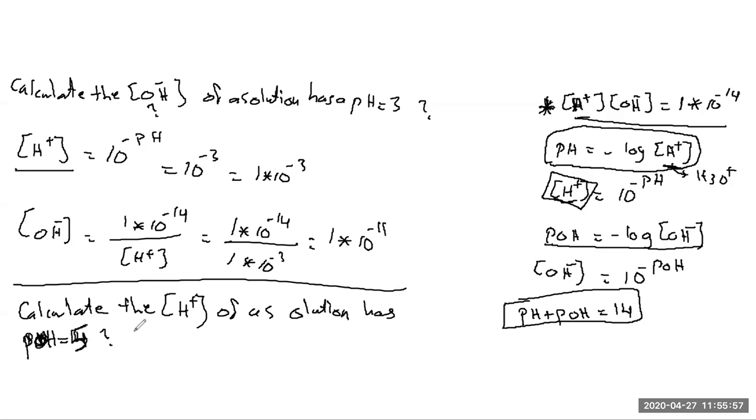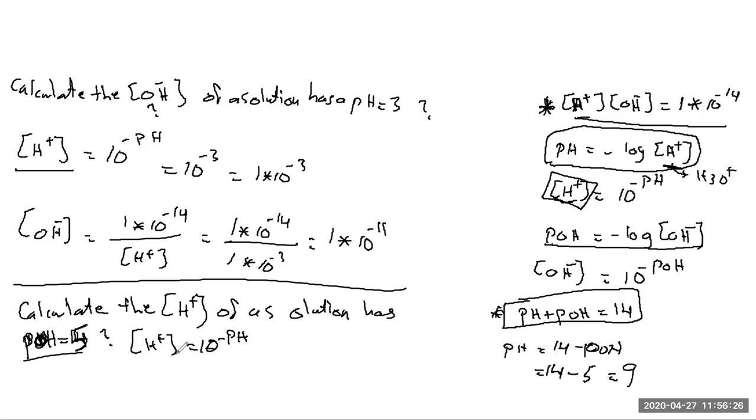Okay, we know the H positive equals 10 to power negative pH. But here I have pOH. So what are you going to do? You can use this formula. So here the pH will equal 14 minus pOH. And that will give us 14 minus 5, and that will equal 9.